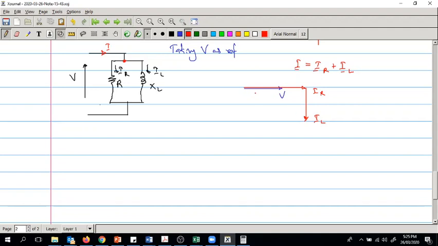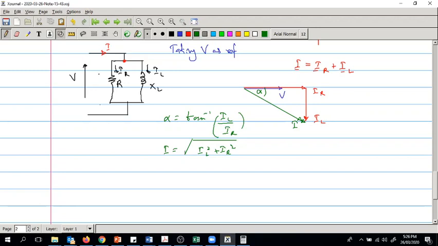So you can use that principle in here, and you can mark the resultant current I like this. Again, if you label this as alpha, alpha is equal to tan inverse IL over IR. So this is just simple trigonometry, and I is equal to square root of IL squared plus IR squared. So again trigonometry, Pythagoras theorem.